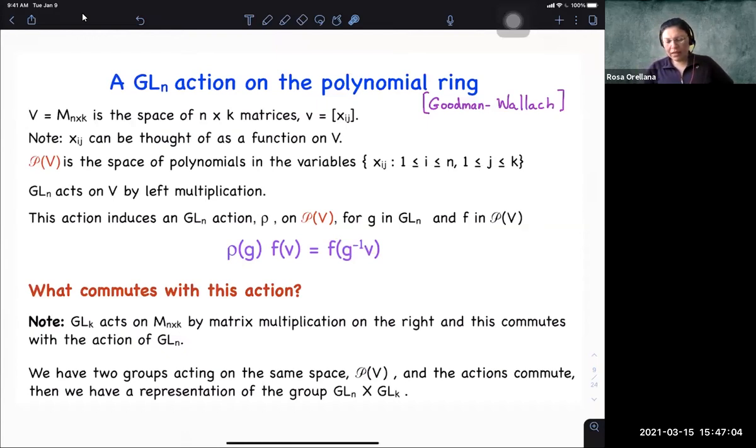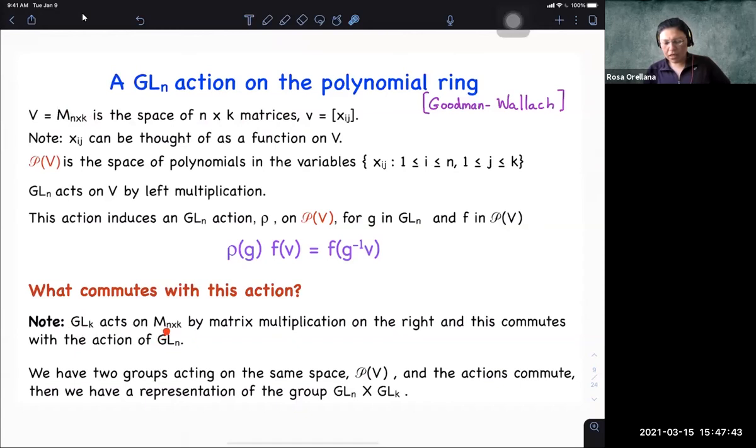So then the question is, what commutes with this action? You have an action of GLN on the polynomial ring. This is my new vector space, and I want to know what commutes. And what commutes is actually pretty simple, and the proof is just associativity. Because these are n by k matrices, I act on the left with an n by n matrix, and I can act on the right by a k by k matrix.